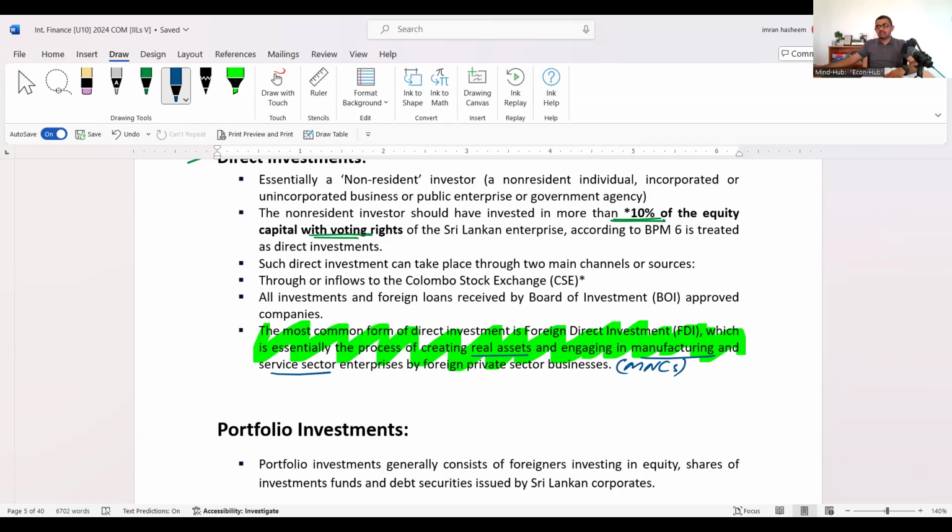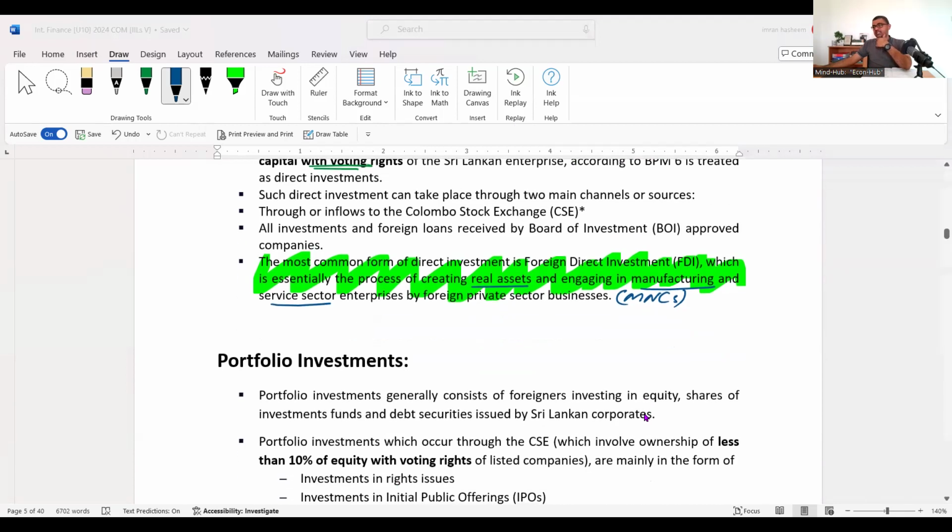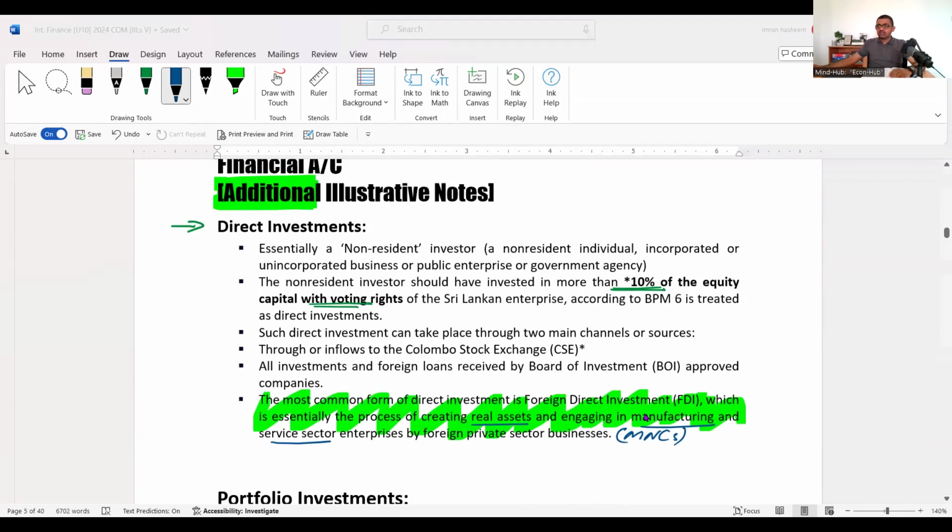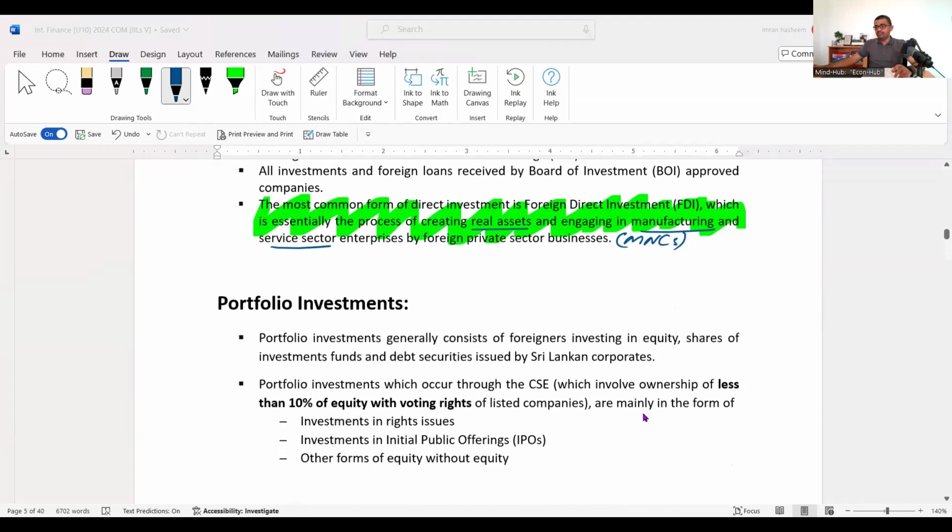What are they? Multinational corporations. So the 10% story is key: voting rights, more than 10%, equity.